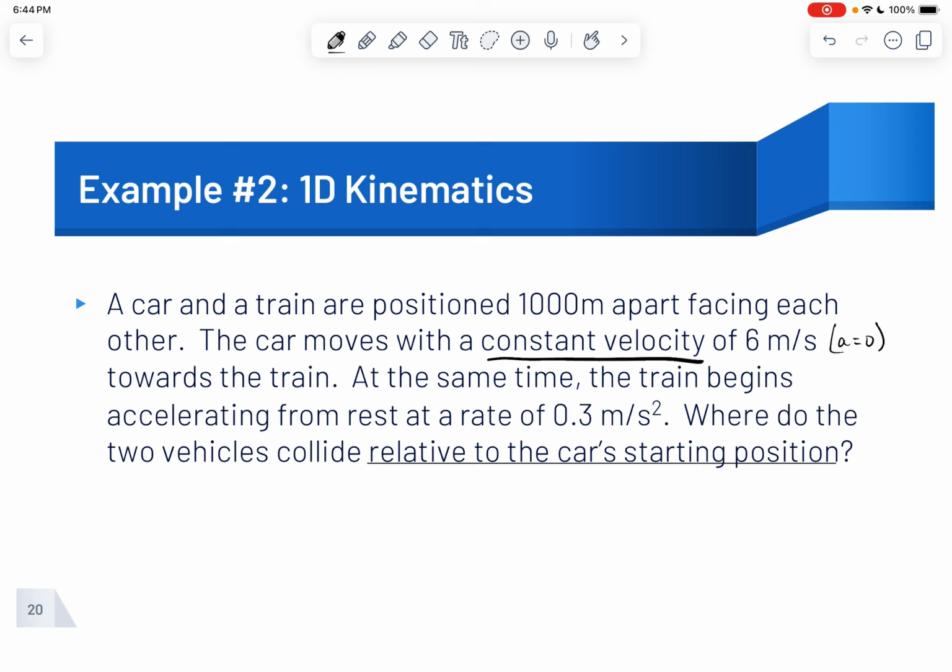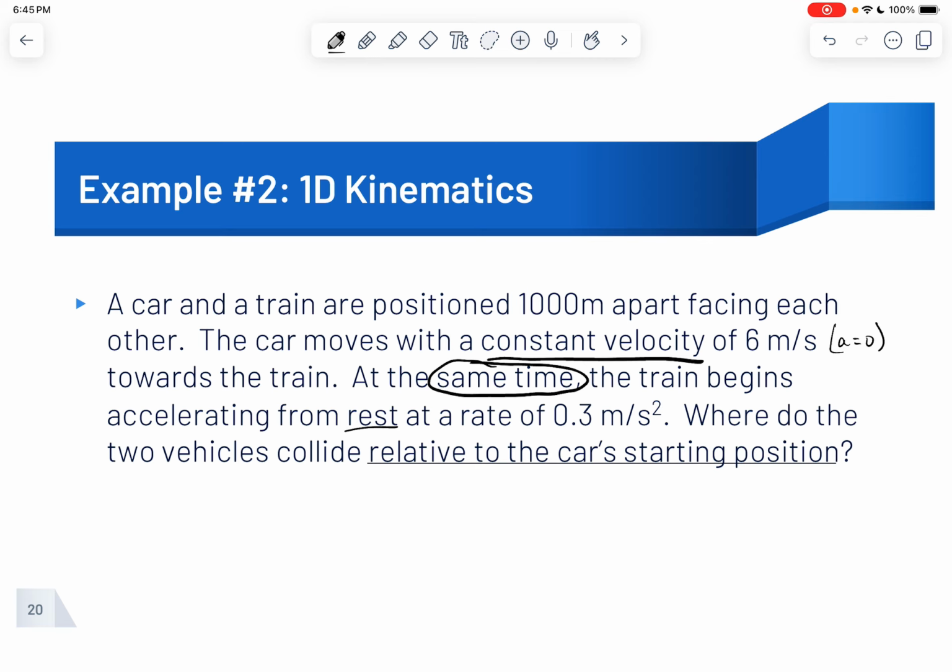And as our car is moving at this constant velocity, we're saying at the exact same time, so we're going to have the same starting time for each of our objects, our train then begins to accelerate from rest at a rate of 0.3 meters per second squared. So we want to know, relative to the car's starting position, how far has it traveled before it's going to collide with the train.